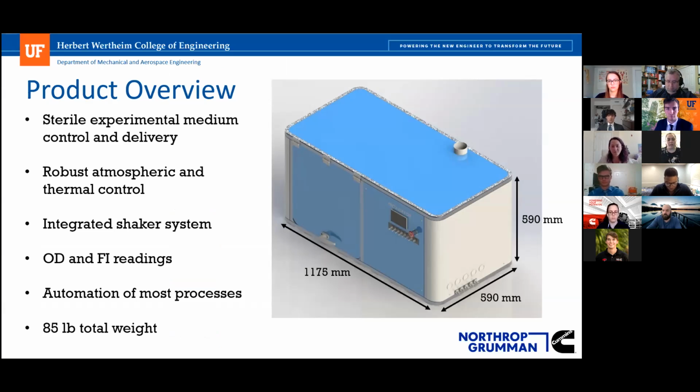We are going to highlight sterile and experimental medium control and delivery, robust atmospheric and thermal control, an integrated shaker system, and that we are capable of taking OD and FI measurements and readings. We have automated most of the processes; the only ones that are not are refilling fluid tanks. And the last point of information is that we have an 85-pound total weight.